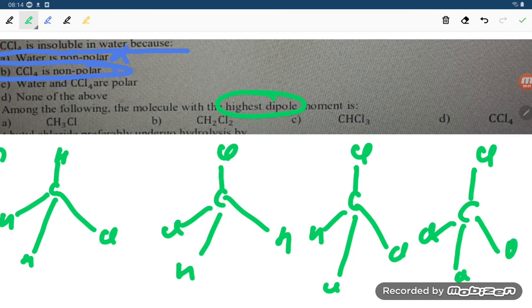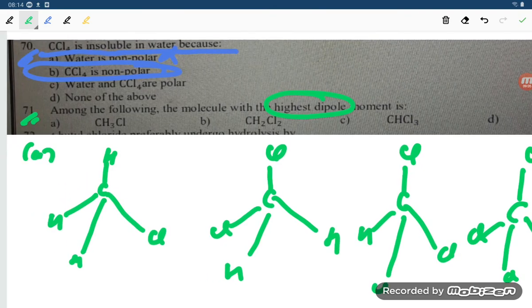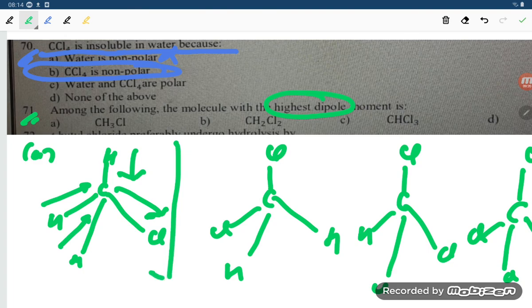Now you check the vectors, student. In the first case, the vector is coming down, since chlorine is more electronegative, so the resultant vector will be in one direction. If it is in one direction, it has the highest dipole moment.